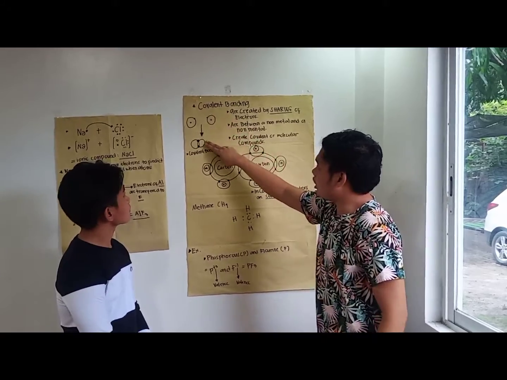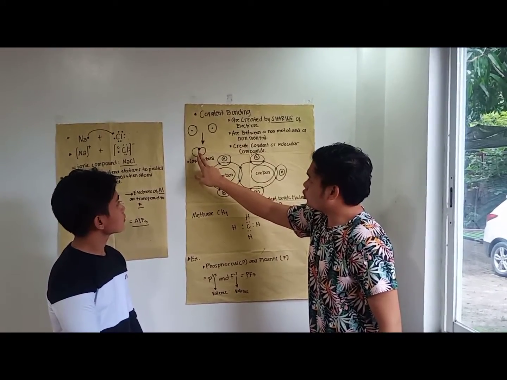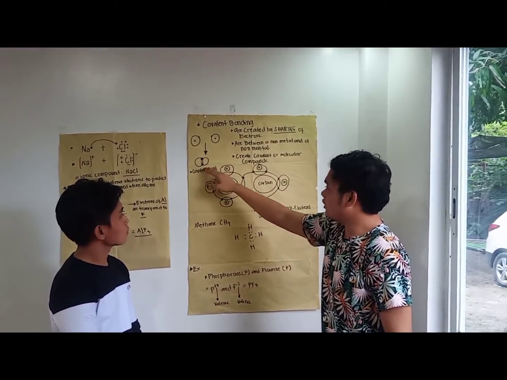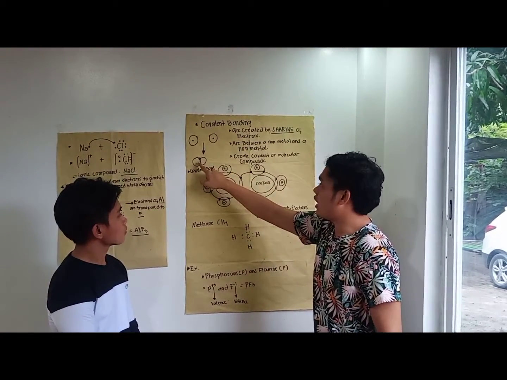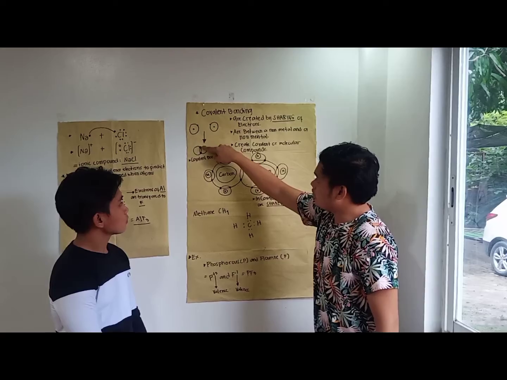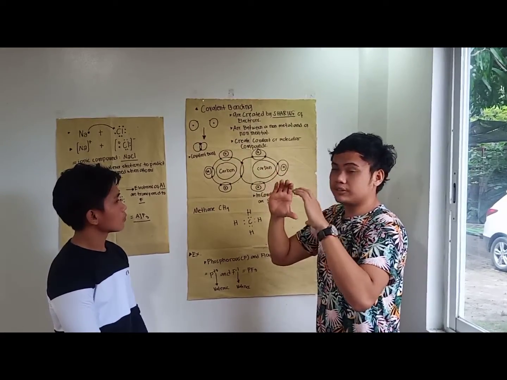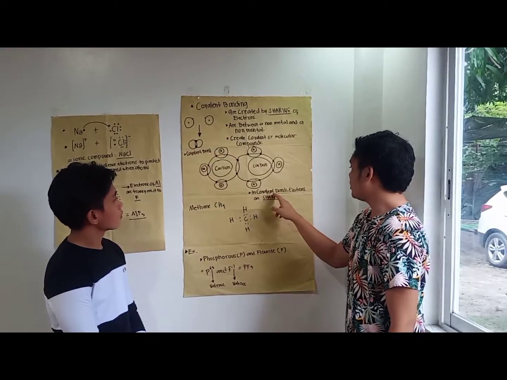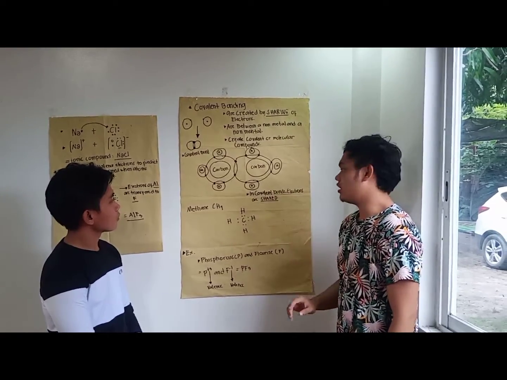So when you have two hydrogen atoms, HH, it becomes H2 because they share. In covalent bonds, electrons are shared.